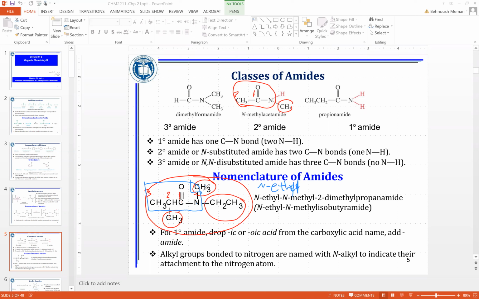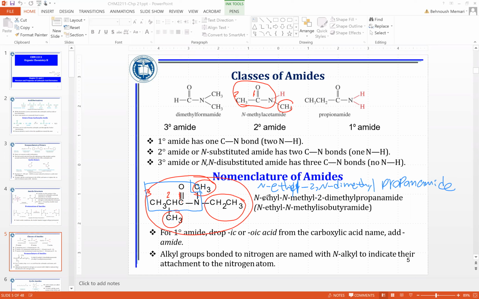And then we have 2 and N, so comma, 2, N. N is treated like a number, so use a dash after that. So it's going to be 2,N-dimethyl propanamide. N-ethyl-2,N-dimethyl propanamide is going to be the name of this amide.